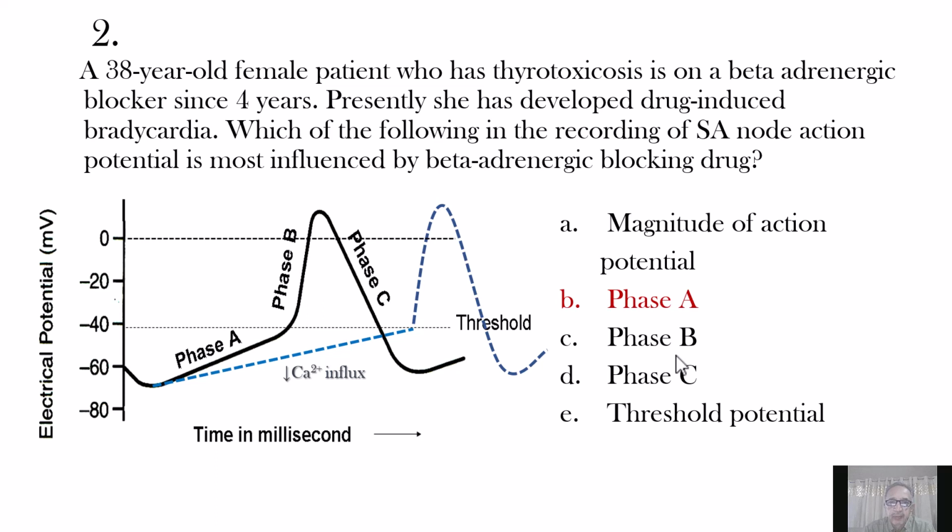When there is beta-adrenergic stimulation to the heart, there is increased calcium influx during phase 4, the pacemaker potential, and the phase A or phase 4 slope is increased. Here the slope is decreased because of the blocker. This is the opposite action of beta-adrenergic stimulation.